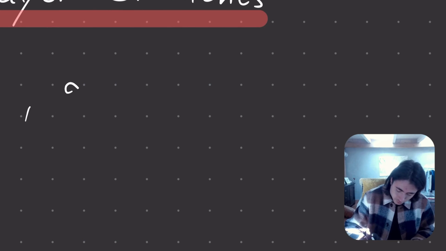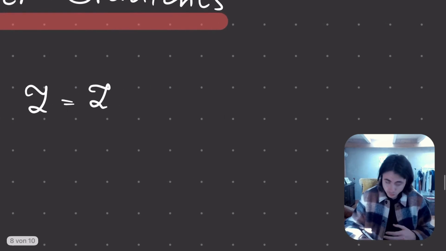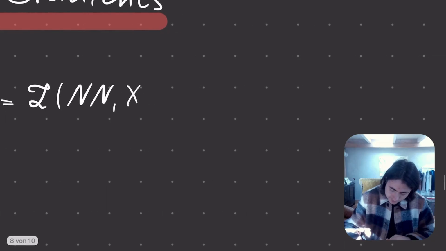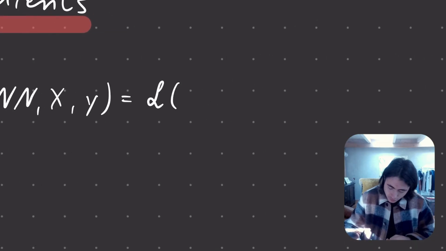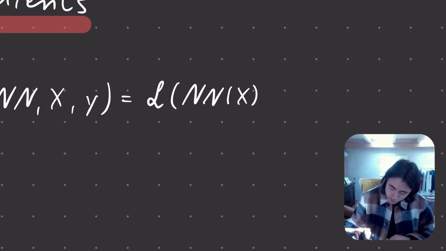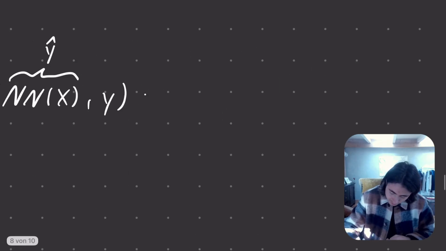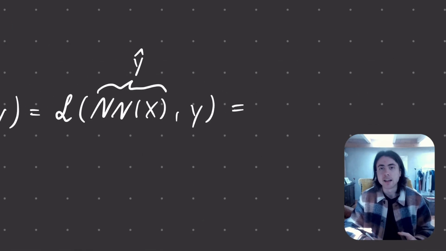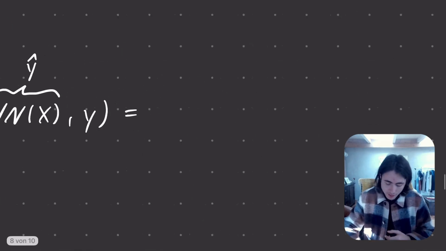So one thing to remember is that the loss function here, when I write the full notation, was defined as the loss of the neural net of x and y, which we had defined as the other loss function of nn of x, which we have also called y hat, and our y, which I can further unpack because we had defined neural net as a tuple of parameters and hyperparameters.